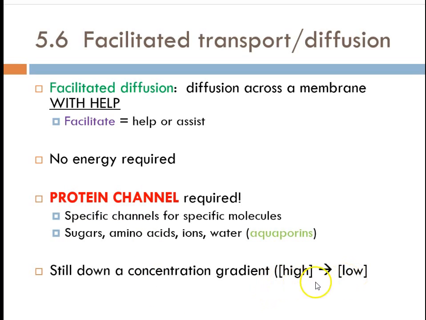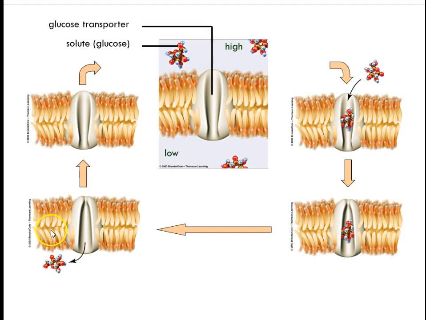Basically, what's happening here is that there is a glucose molecule. The only thing that can go through this special protein is a glucose molecule. It goes into the protein, travels to the other side, and then gets spit out. So the only way this could happen is with this protein.